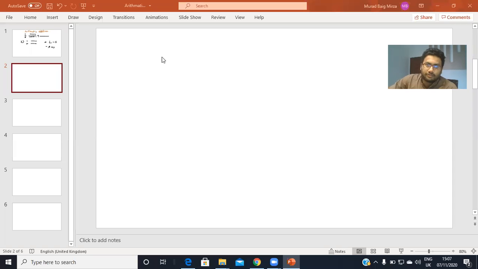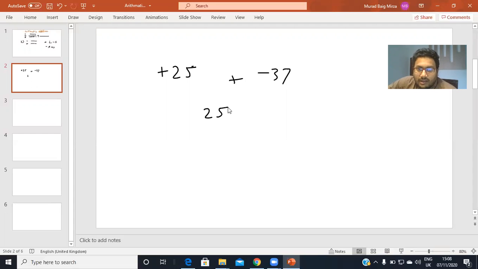Addition of two signed numbers with a signed magnitude representation. Here is an example. We have one number which is plus 25, and the other number is minus 37, let's say. We have to add these two numbers. As I discussed in the previous slide, if two numbers have different signs, like in this example, one is plus 25 and the other is minus 37, first we compare 25 with 37 and determine which one is greater.